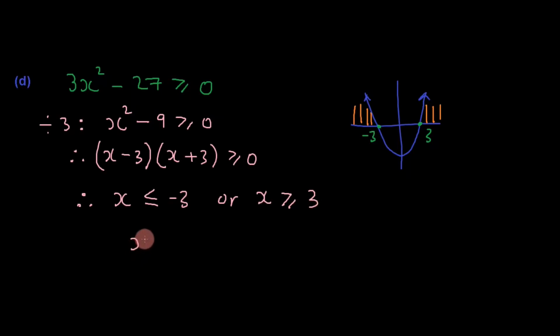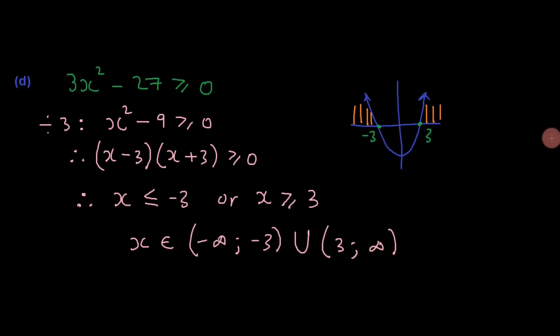Then as interval notation, it's going to be the union of these two intervals. So from negative infinity to negative 3, union 3 to positive infinity.